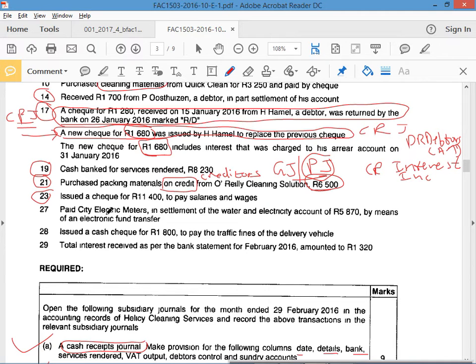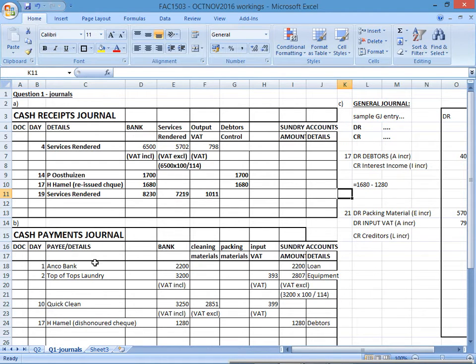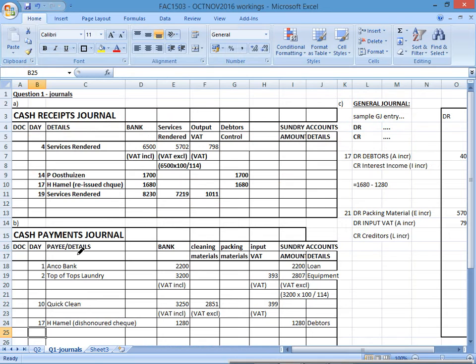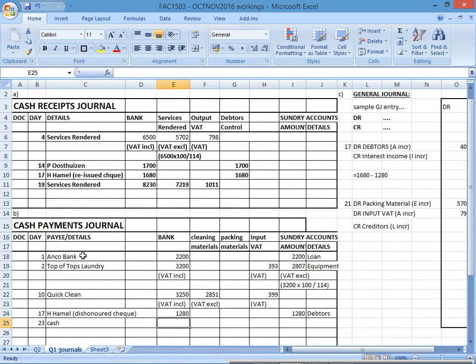When issuing a check, it's going to go to the CPJ. So in the CPJ, what day was this? Day 23. Cash. How much did I pay? 11,400. No column for salaries and wages. So 11,400 here.